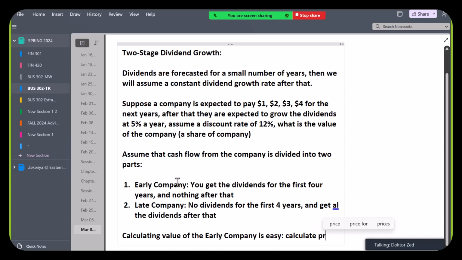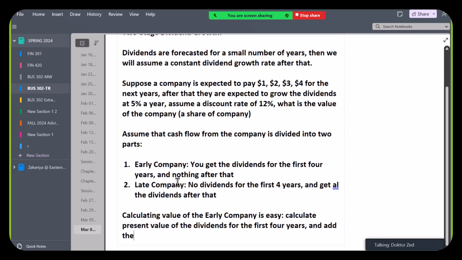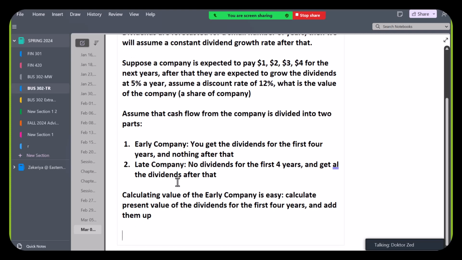Calculate present value of the dividends for the first 4 years and add them up. I'm going to do it here first, and when we build the templates, it'll be easier to do.